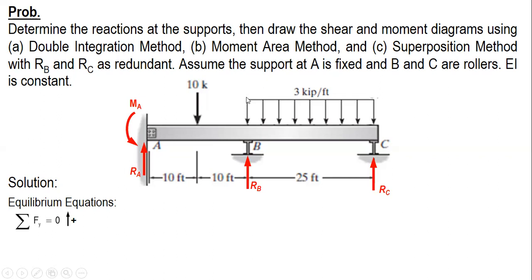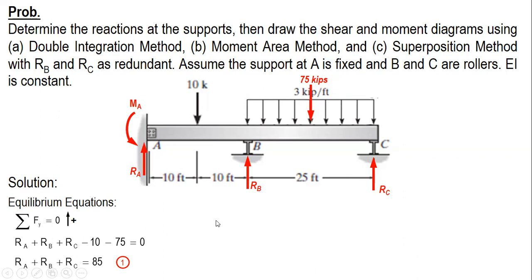So 3 times 25, that's 75 kips acting at the center of gravity. So we have this equation: RA plus RB plus RC upward, minus downward 10 and 75, equal to 0. Simplify. Okay, this is our equation number 1.